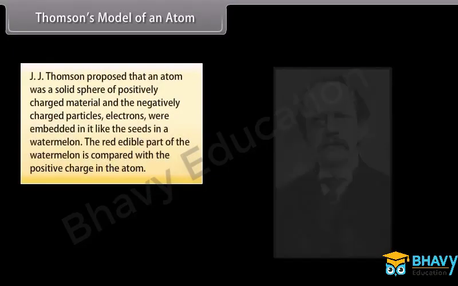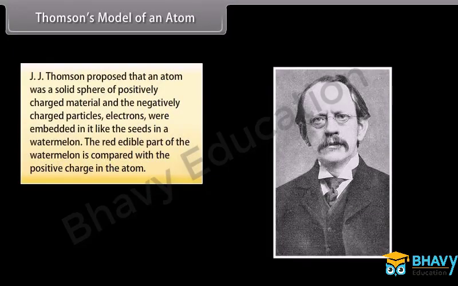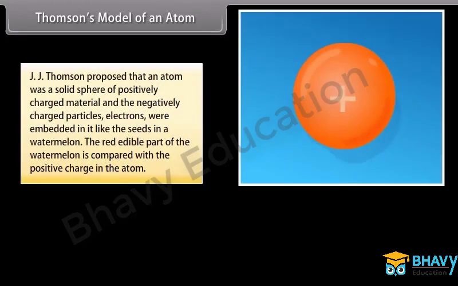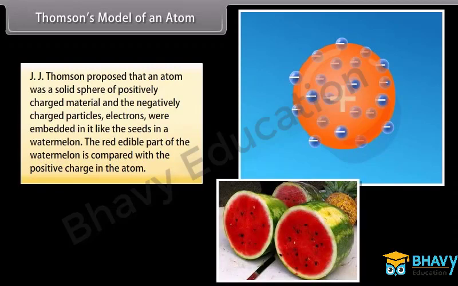Thompson's model of an atom. J. J. Thompson proposed that an atom was a solid sphere of positively charged material, and the negatively charged particles, electrons, were embedded in it like the seeds in a watermelon. The red edible part of the watermelon is compared with the positive charge in the atom.